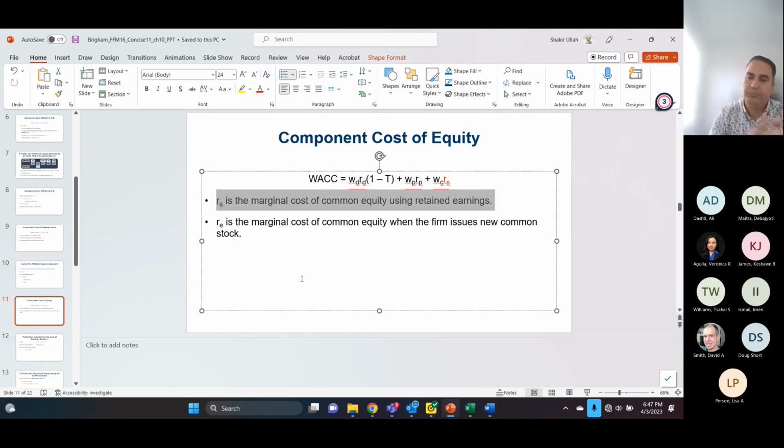We just simply retain it, we don't pay it out to the stockholders. However, if we have to issue new common stock, new equity, then we incur a flotation cost, and that makes it more expensive. And in that case, we call that RE, rate of equity or cost of equity still, but this RE is used in our formula for issuing new common stock. Okay.